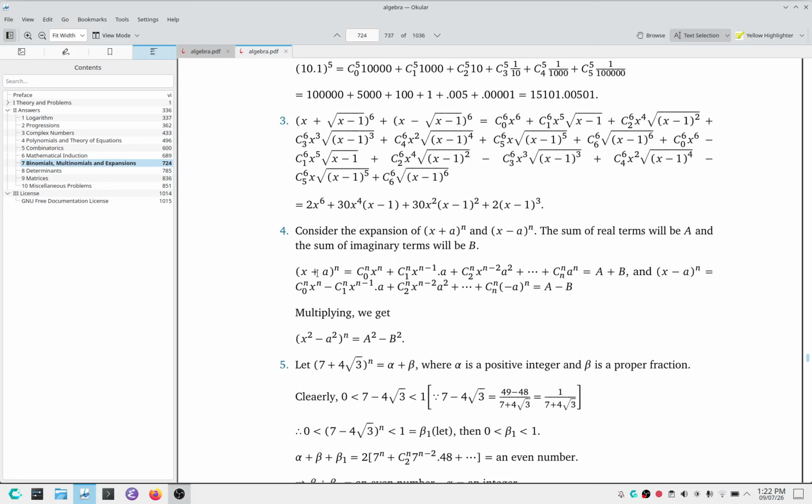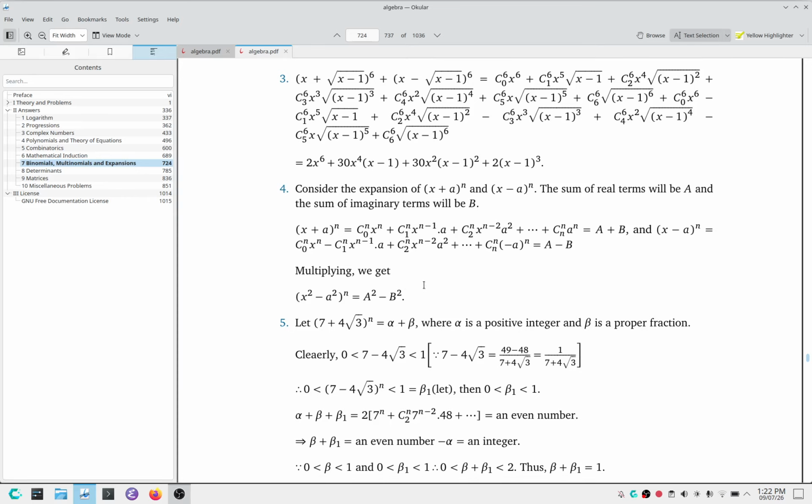So we have (x + a)^n equal to nC0 x^n + nC1 x^(n-1) a, and so on, which will be equal to A + B, because A is the sum of odd terms and B is the sum of even terms. So entire thing will be A + B. And (x - a)^n will become A - B. So multiplying, we have (x^2 - a^2)^n is equal to A^2 - B^2.